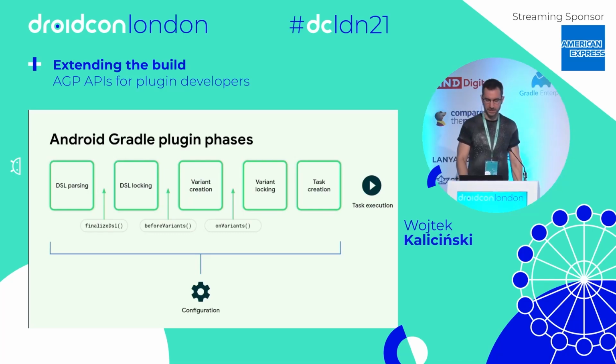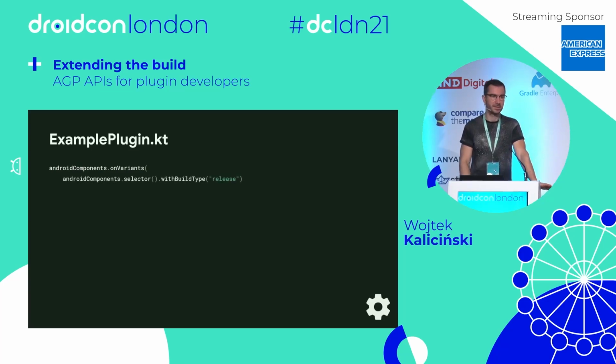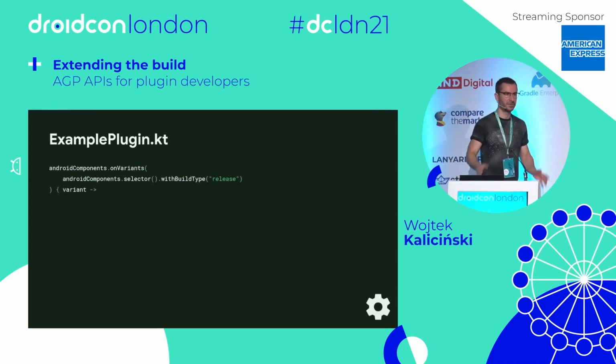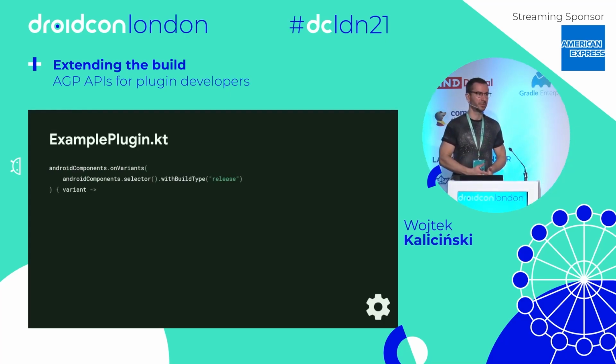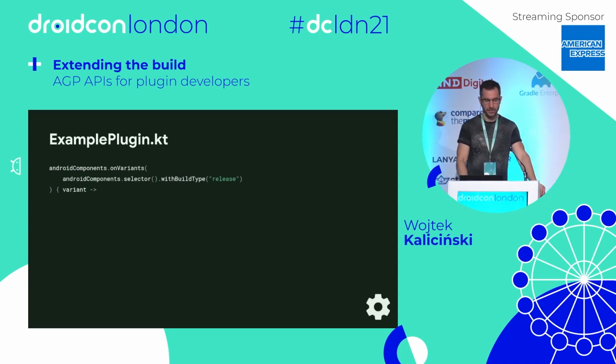So last chance, on variants. So what can we do on variants? So again, we can register our callback. We can use a selector. So maybe we just care about doing something with the release build type. And then you get the variant object. So the variant is now created. This object will be used to configure the actual tasks that compile and package your app.